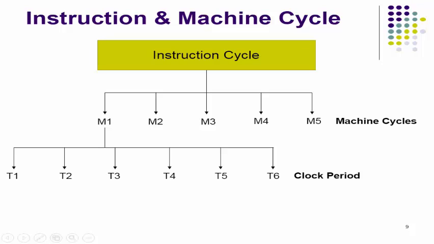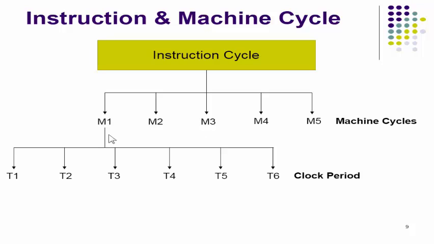In this diagram we can see T1, T2, T3, T4, T5, T6; these are the clock cycles or T states. The group of T states or clock cycles is nothing but a machine cycle. Here M1, M2, M3, M4, M5 are the machine cycles. The group of T states is a machine cycle, and the group of machine cycles is one complete instruction cycle.